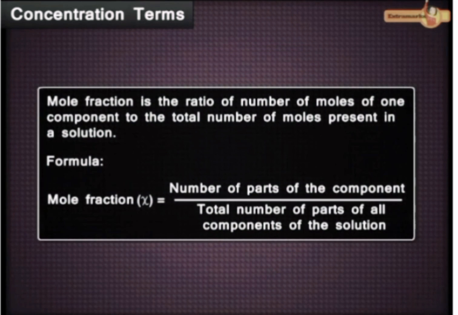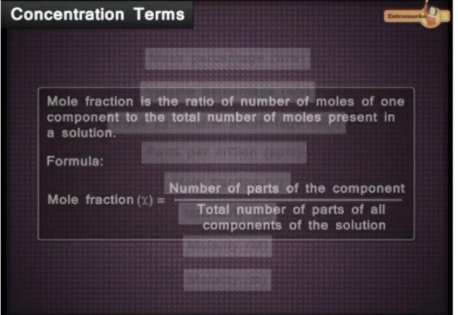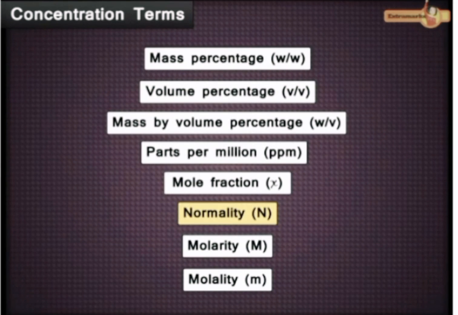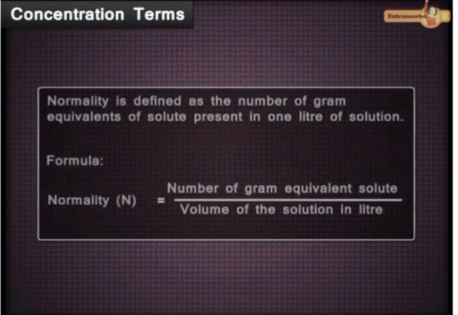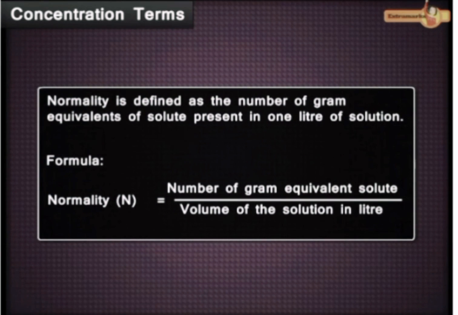Mole fraction is the ratio of the number of moles of one component to the total number of moles present in a solution. Normality is defined as the number of gram equivalents of solute present in 1 liter of solution.